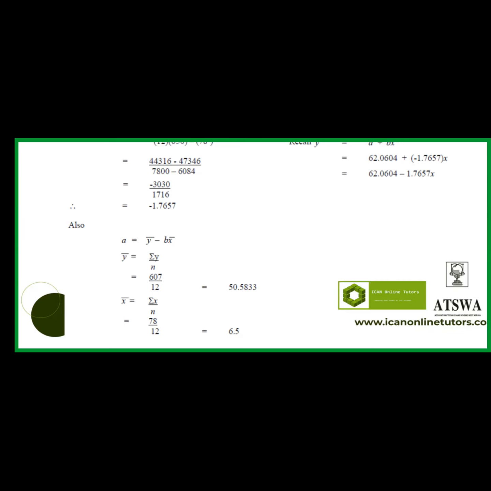A equals summation Y, which is 496, over 12, minus B, which is 4.42, in brackets summation X, which is 78 over 12.